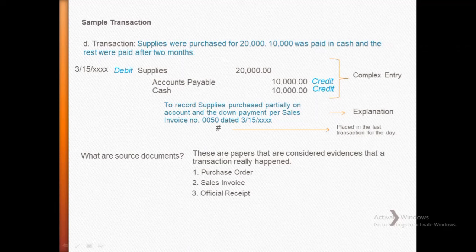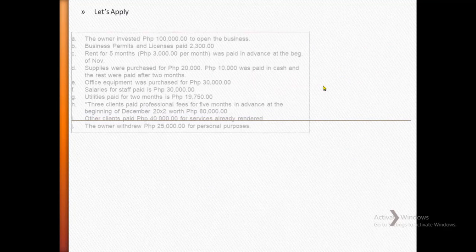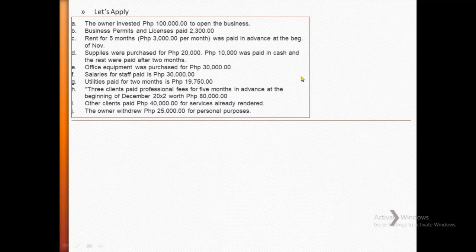Of course, we will not end this particular video without a comprehensive illustration. So now let's apply. We have here the illustrative problem, which is coming from the last video. Actually, there are two sets of transactions that were presented in the last video. The first one is this one, and the second one are the transactions for adjustment.